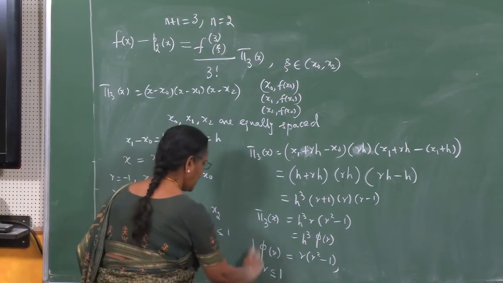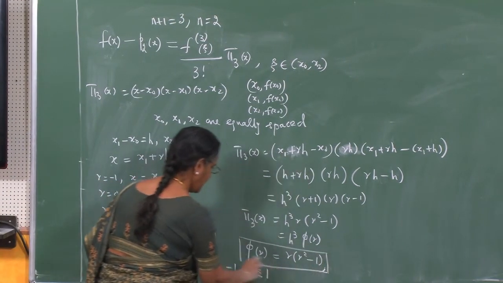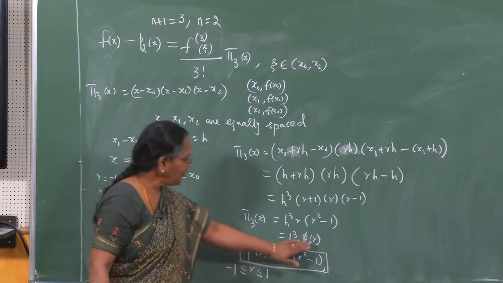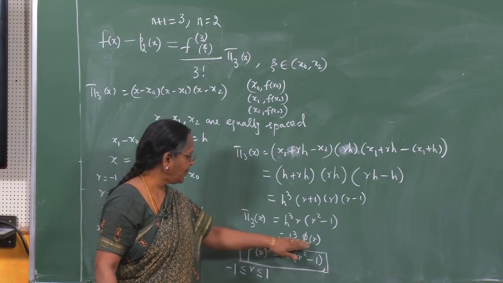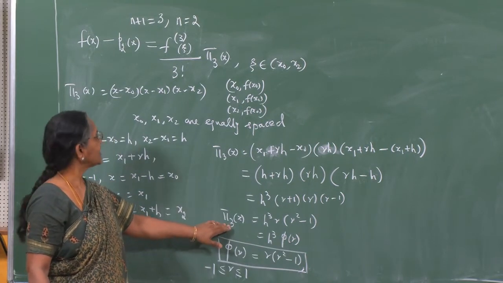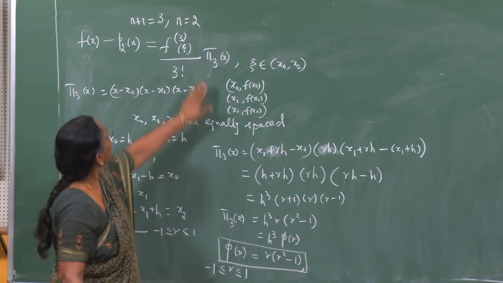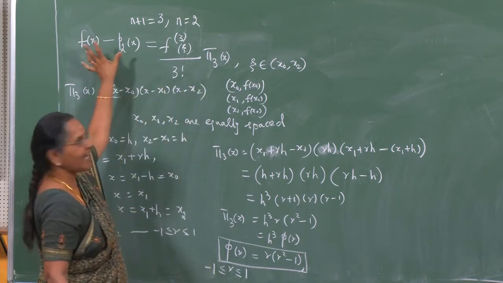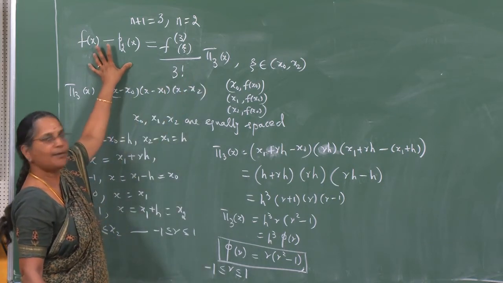Now let us look at the properties of phi of r. When we know the properties of phi of r, from here we can get some information about pi 3 of x, and that will help us in finding the error bound. Because what is the error bound?